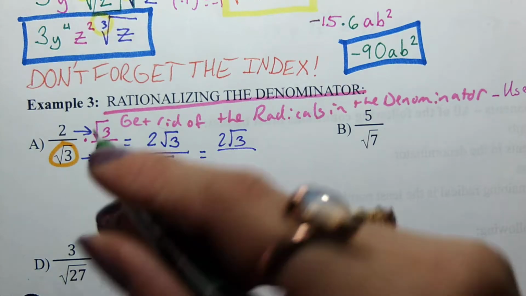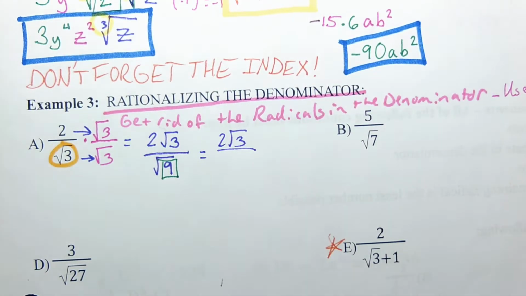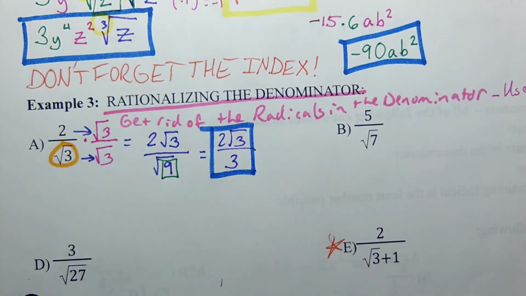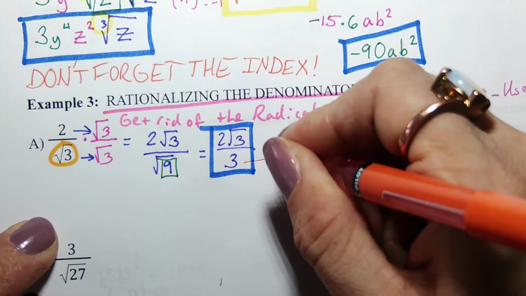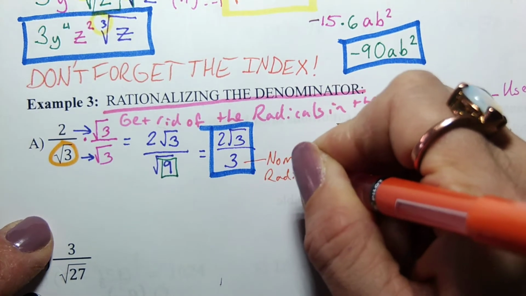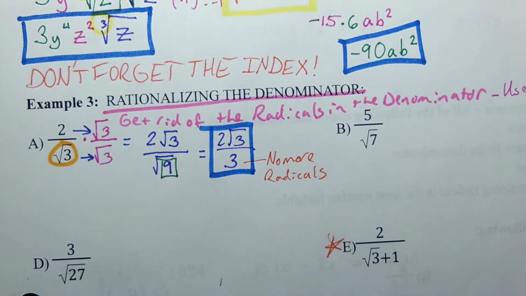It's just 3. And voila! No more radicals in the denominator. So numerator is fine to have a radical, denominator, not good.